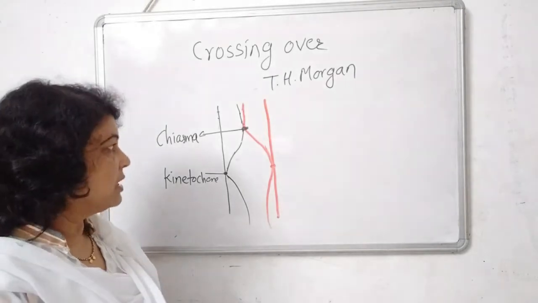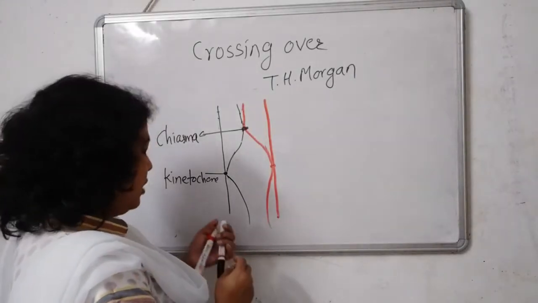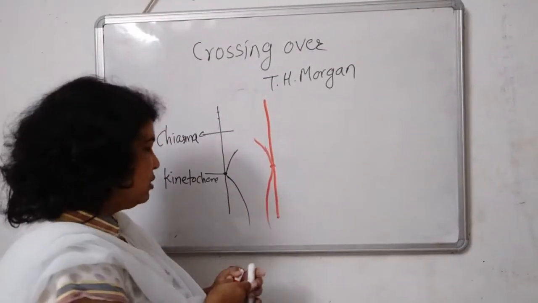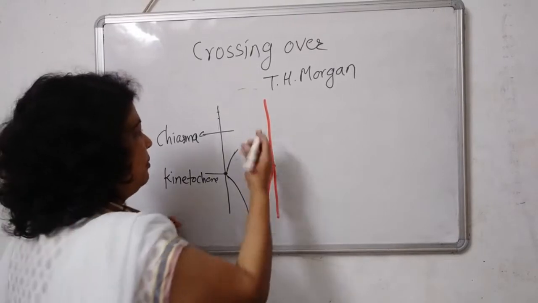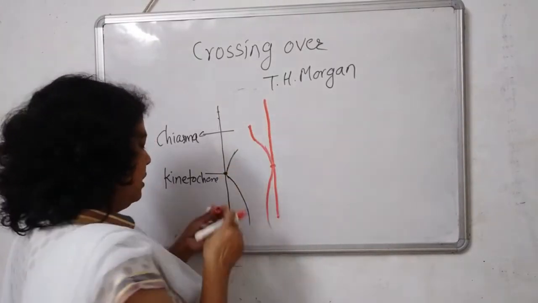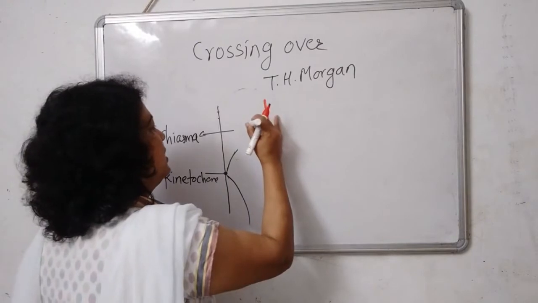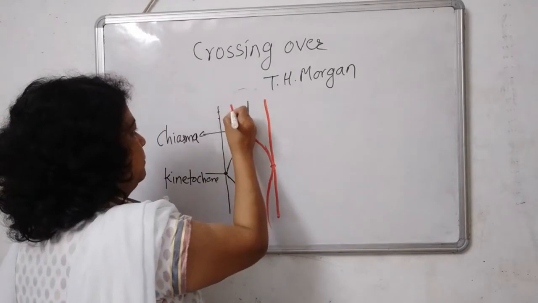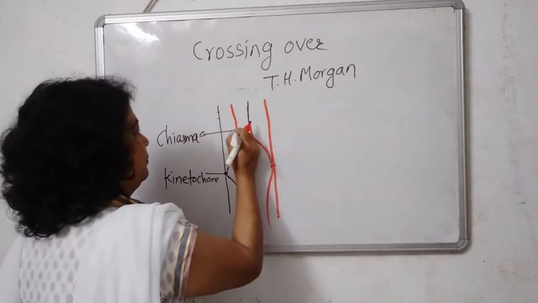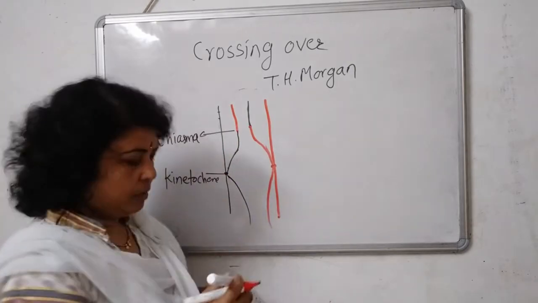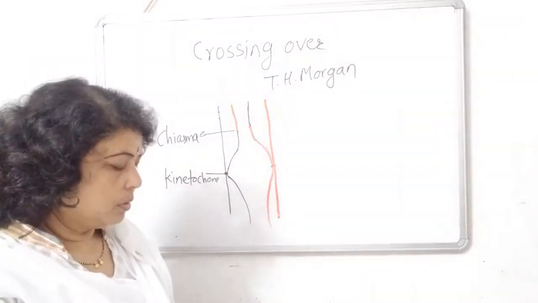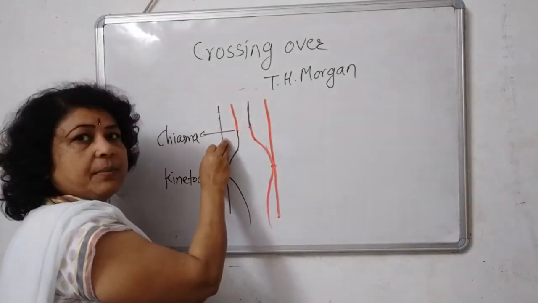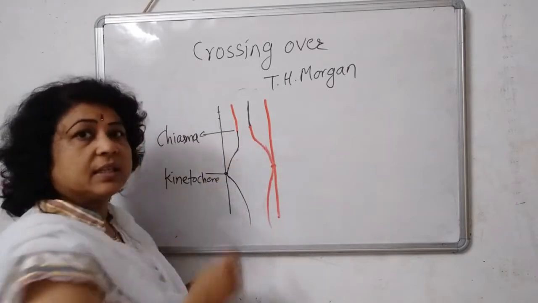When the crossing over is completed, what happens? There is an exchange of chromosome parts. When these two chromosomes get apart from each other, they show the exchanged parts. This chromosome transfers its segment to this one, and this segment to that one.